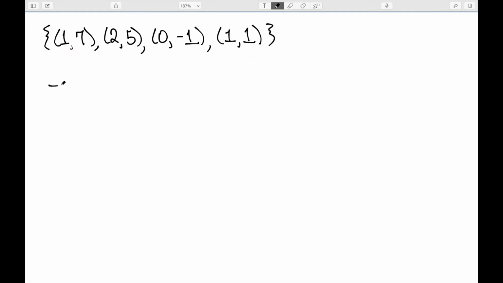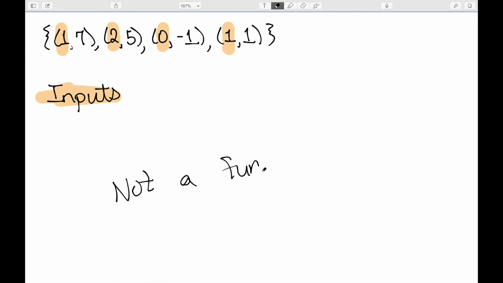Here's another example of a list of ordered pairs. And if I highlight my inputs, I can see that they are 1, 2, 0, and 1. And I can tell right now that this is not a function. In particular, I have an input that does not have exactly one output, it has 2.